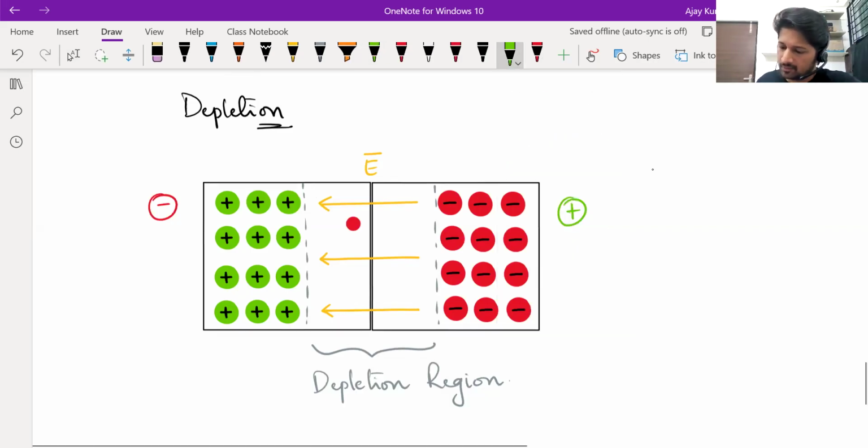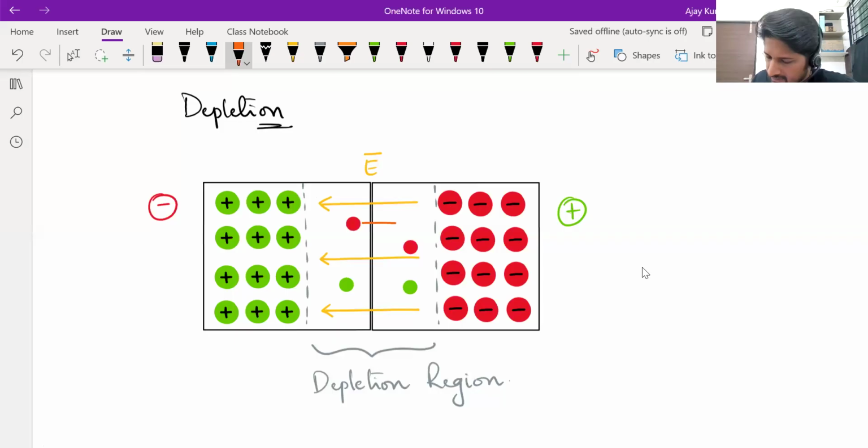It will pull electrons, or negative charges, in a direction opposite to itself. Suppose randomly some electron hole pairs like this are getting created. So this electric field, which is there in the depletion region, will exert a force on electrons this way.